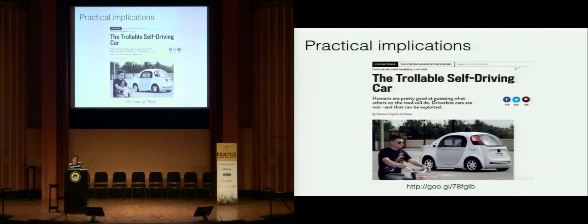Practical implications, this probably isn't terribly surprising. Autonomous vehicles, self-driving cars have come up a number of times already in this workshop. Here, this is just an article written by my good friend and collaborator, Sam Anthony, discussing the kind of hacking implications something like this could have. One could imagine crafting malicious graffiti, which tickles the decision boundaries of these models in interesting ways, causing cars to veer off the road in unexpected ways.